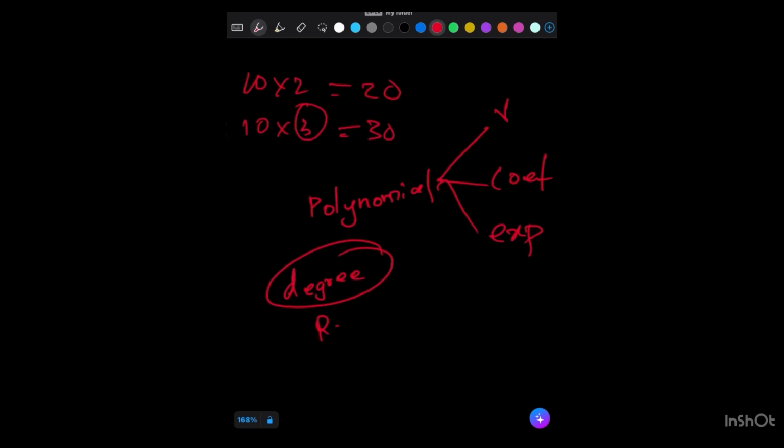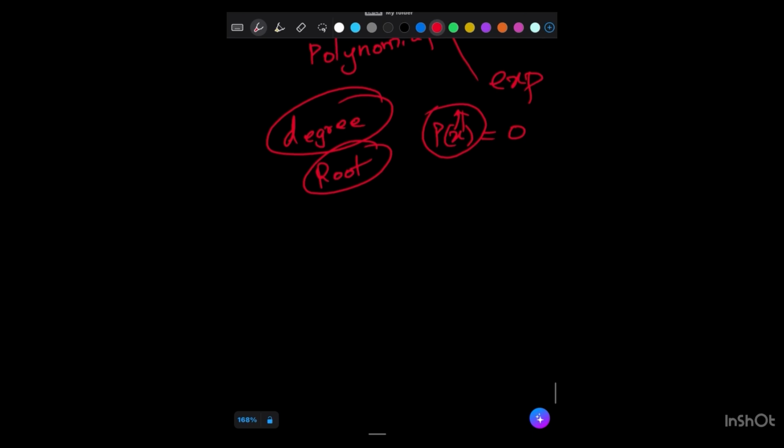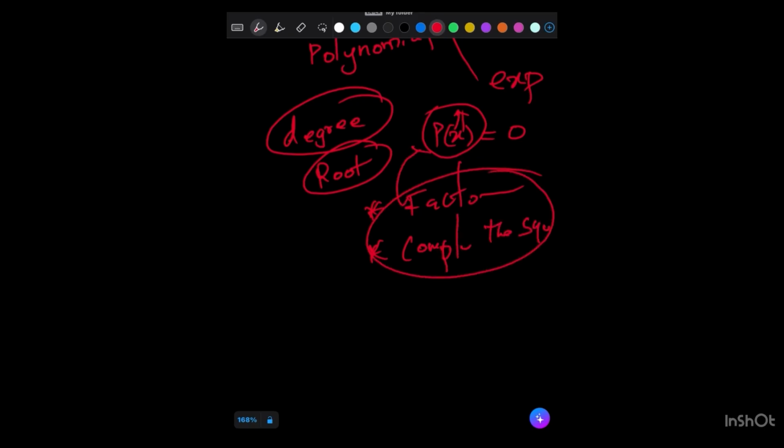Then what is root? When p of x is equal to 0, whatever value that we substituted for x, that is a root. And how do we find that root? By using two methods, which are called factorization method, then completing the square. These are the two methods through which we can identify the root.